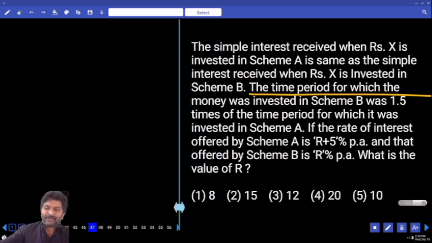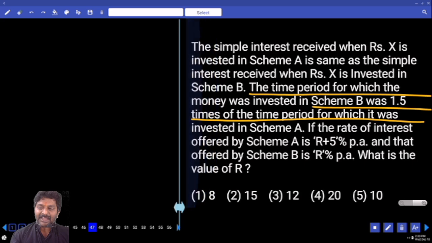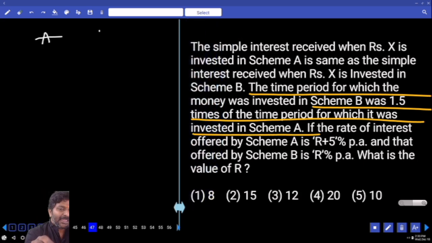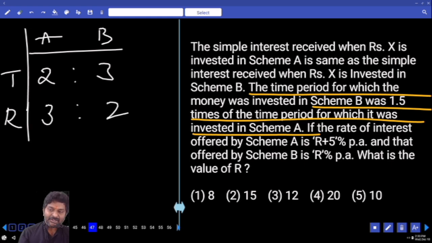The time period for which the money was invested in scheme B was 1.5 times the time period for which it was invested in scheme A. Time periods ratio: scheme B is 1.5 times, so 2:3. Then the rate of interest must be in the ratio 3:2.